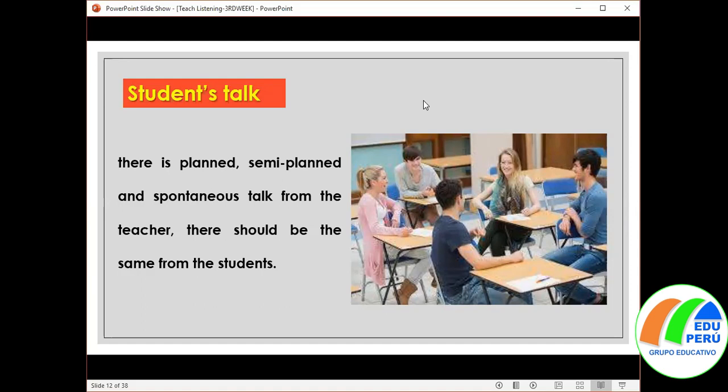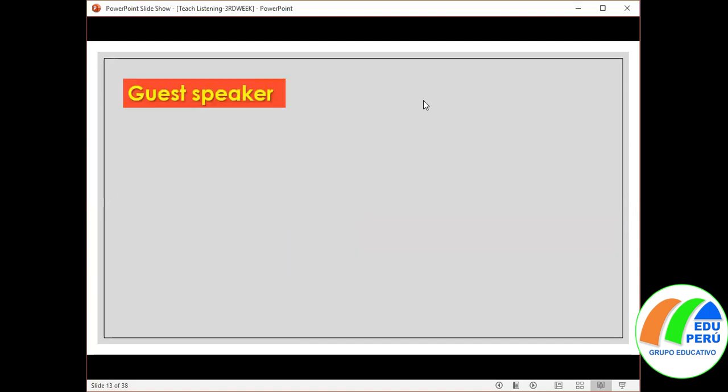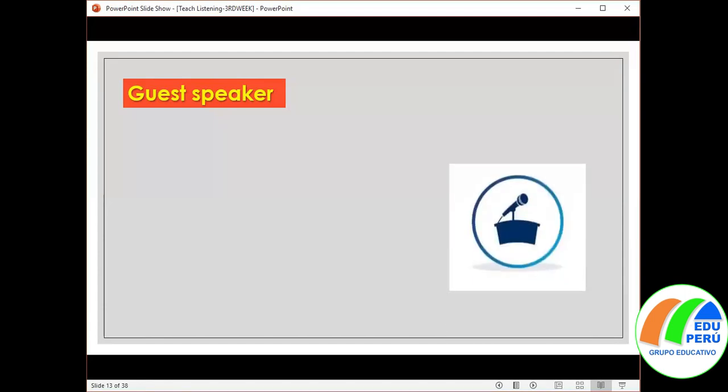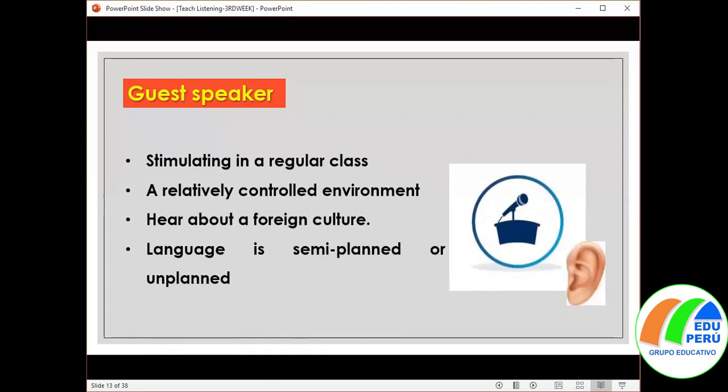The other source is a guest speaker. Maybe this kind of situation is more difficult, but you could invite a guest, specifically a native speaker, to the class. This could be stimulating for students because they are going to hear a native person with another accent, another kind of speech, another speed, rhythm.